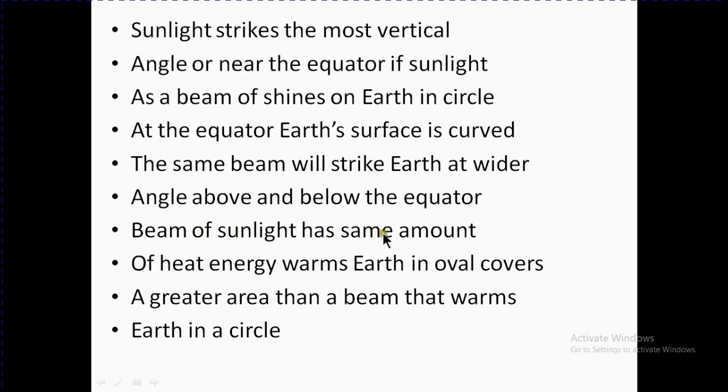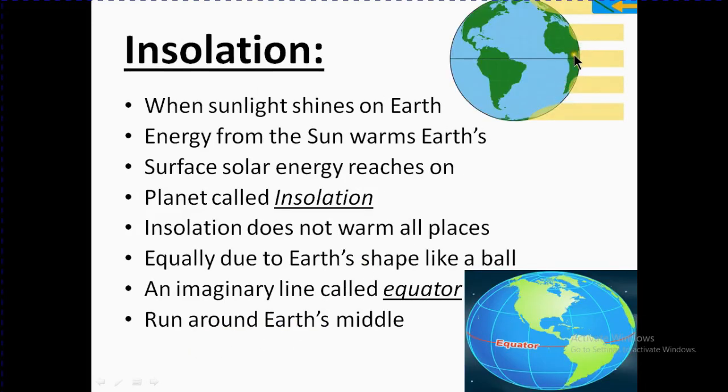A beam of sunlight with the same amount of heat energy warms Earth in an oval shape over a greater area than a beam that warms Earth in a circle. What does it mean? If this beam and this beam have the same amount of heat energy, but here the light that strikes makes an oval shape, as compared to the circle.